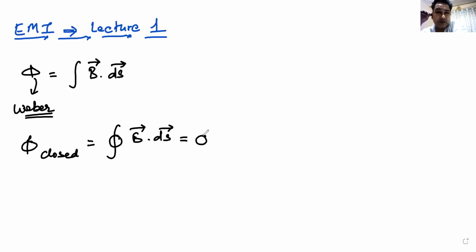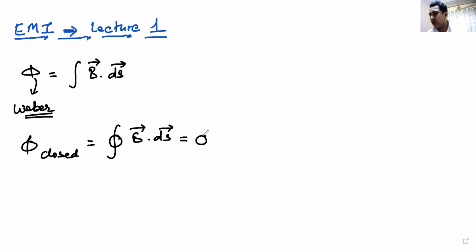Magnetic flux through any closed surface will be zero, because either you will be enclosing both poles of a magnet or you will be enclosing none of the poles of the magnet. It can't happen that you enclose only one pole of the magnet, because a single pole magnet or a magnetic monopole does not exist. Magnetic field lines are always in closed loops.